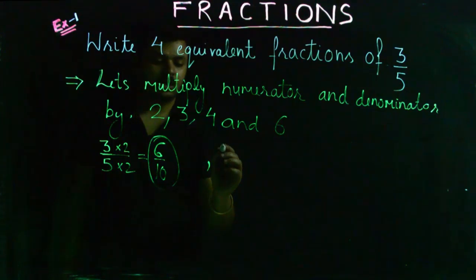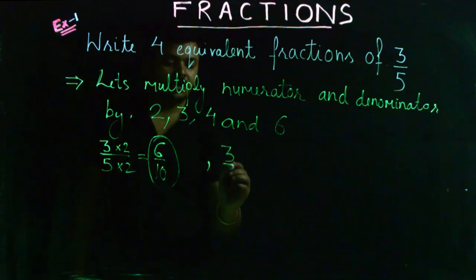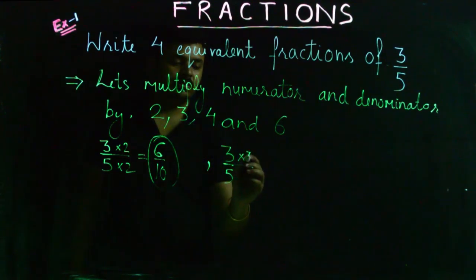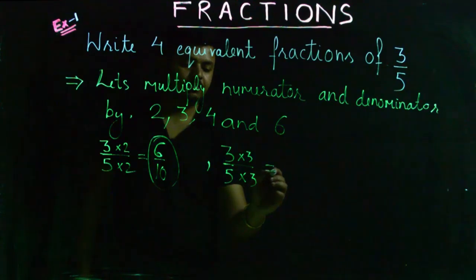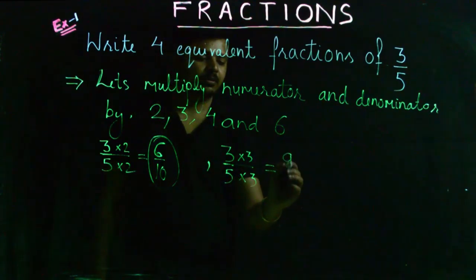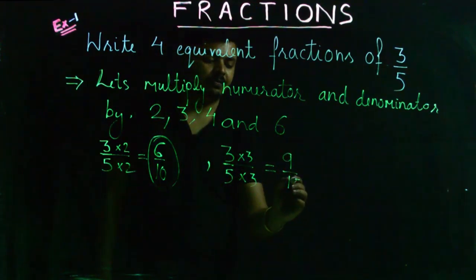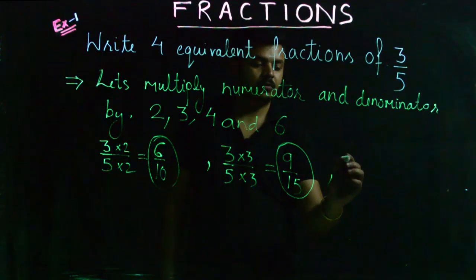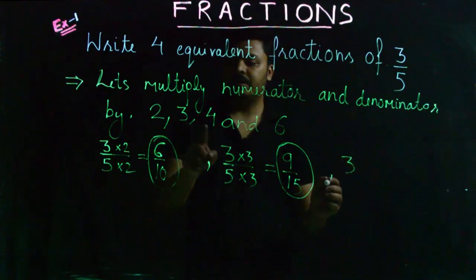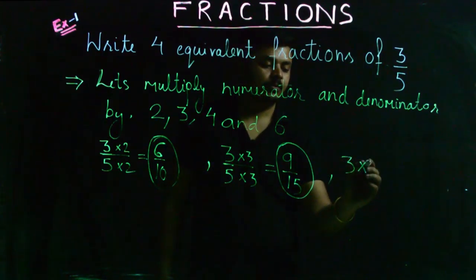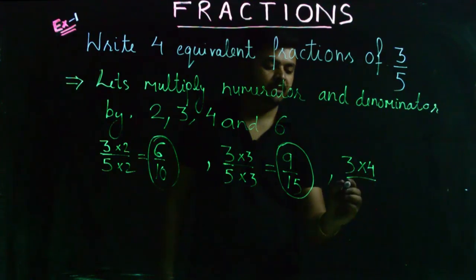Similarly, again 3 upon 5, we multiply by 3 on numerator and denominator, and we get 9 upon 15. Now we have taken 4: the numerator is multiplied by 4, and the denominator is also multiplied by 4.